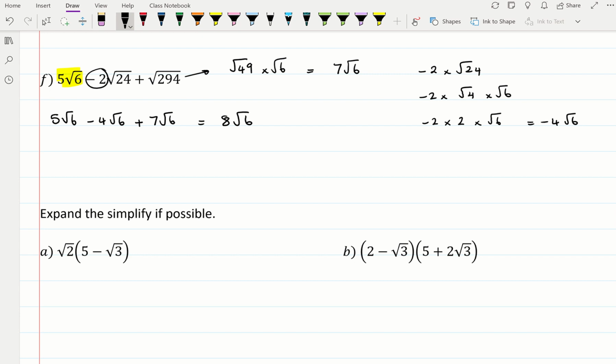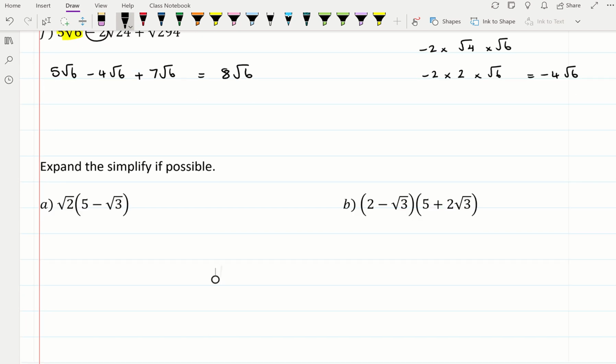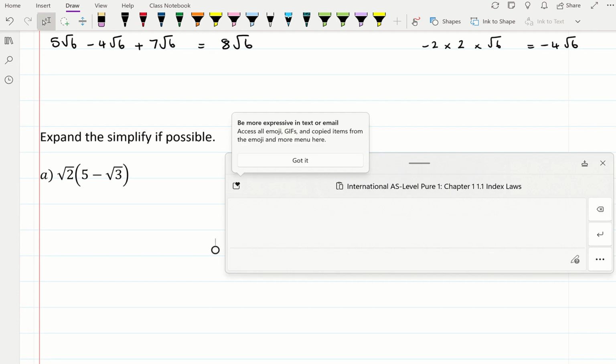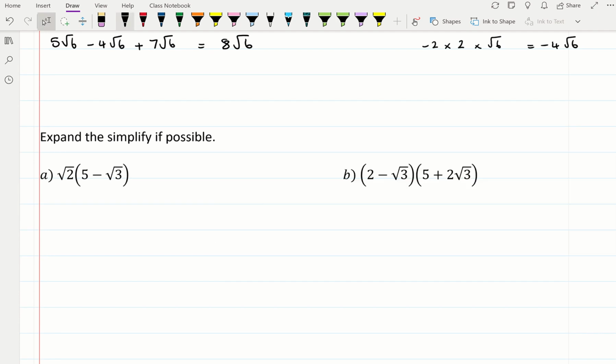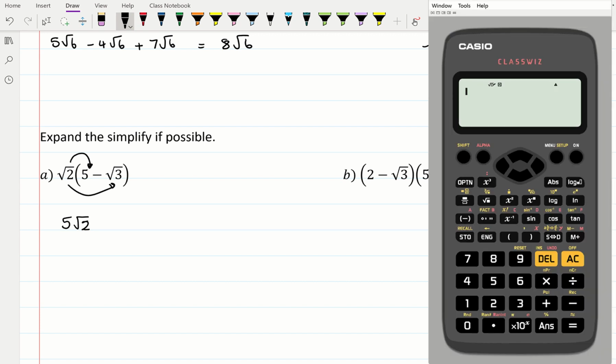And the final part in this introduction to surds is multiplying brackets. You would multiply what's outside by everything that's inside. Root 2 times 5 is 5 root 2. Root 2 times negative root 3, and again, check it with your calculator, you could do something like this.